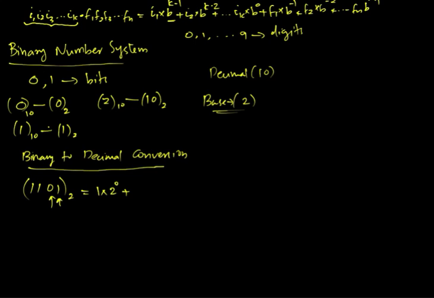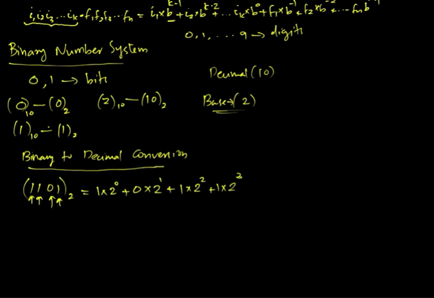then the next bit from the right side is 0. So 0 into 2 raised to 1, plus this 1 will have a weight of 2 raised to 2. So it is 1 into 2 raised to 2, and then 1 into 2 raised to 3.